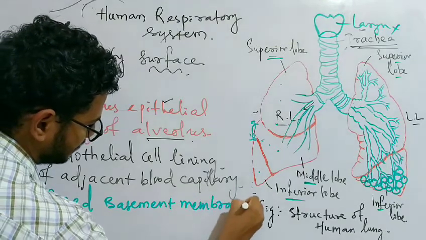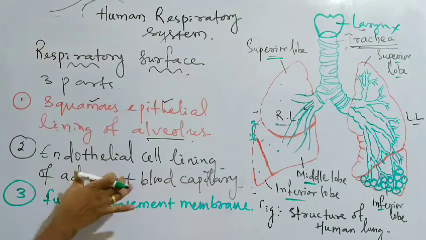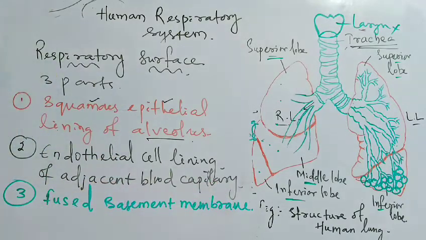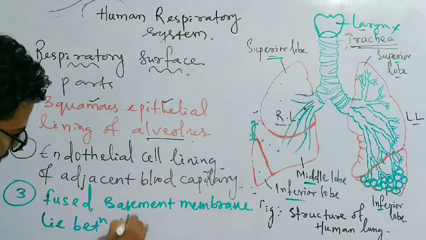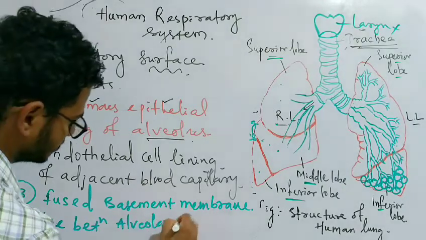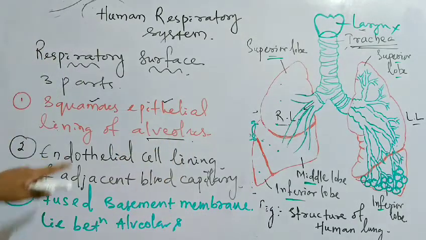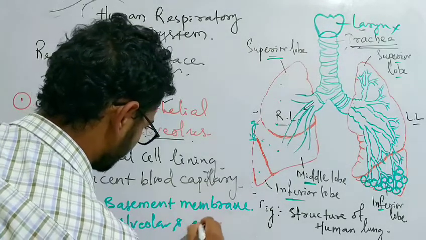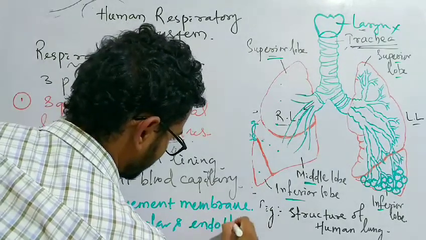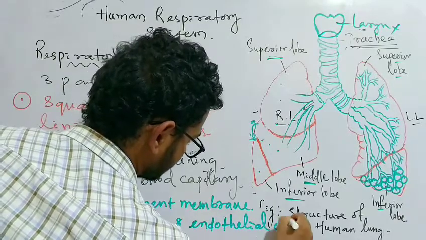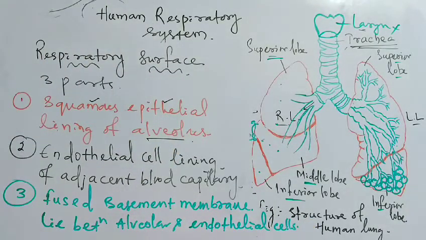The basement membranes of both linings are fused to form a single layer which lies between the alveolar lining and the lining of the endothelial cells. So the basement membrane is the third part.